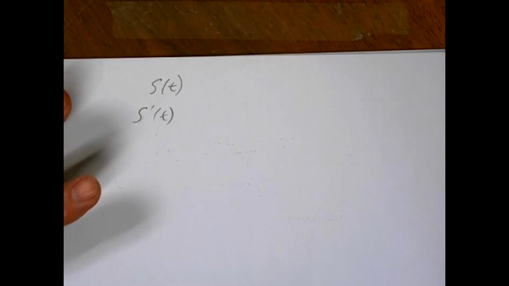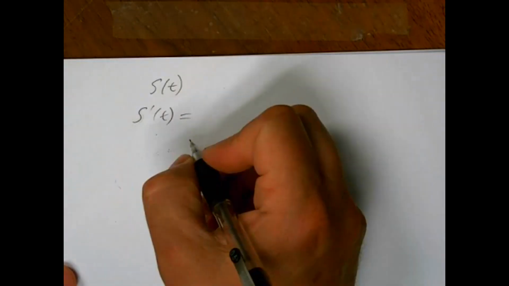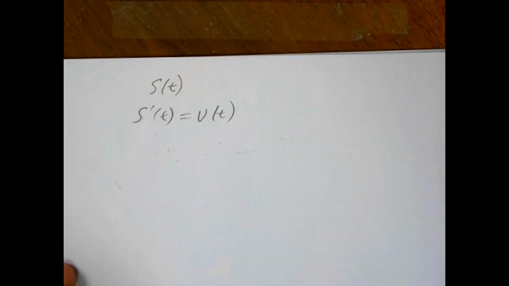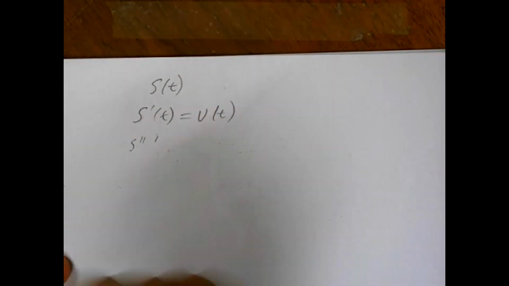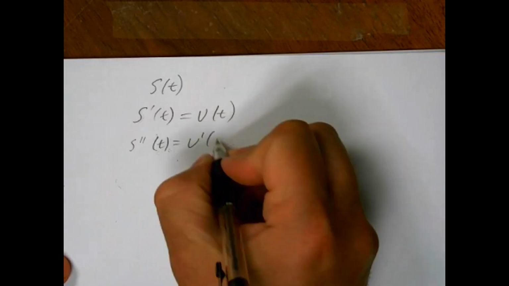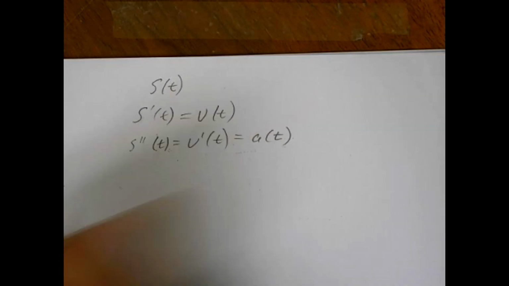We have a name for rate of change of position. Rate of change of position is called velocity. So the rate at which your position is changing is called your velocity. If you take the second derivative of position, that's the first derivative of velocity, and that's called acceleration.